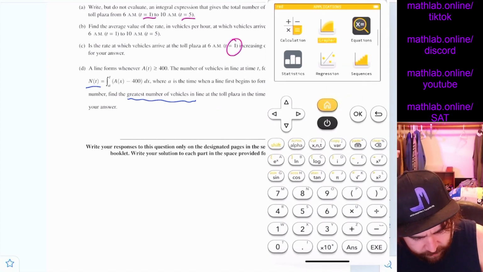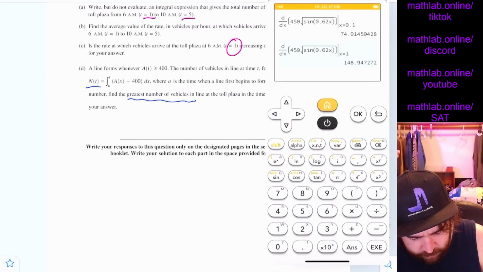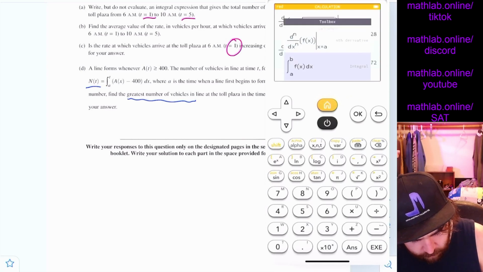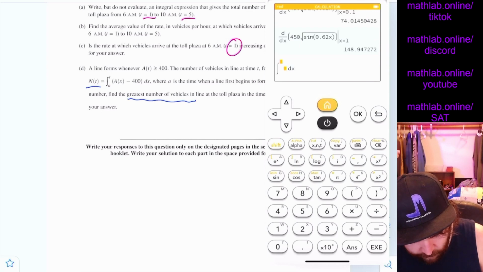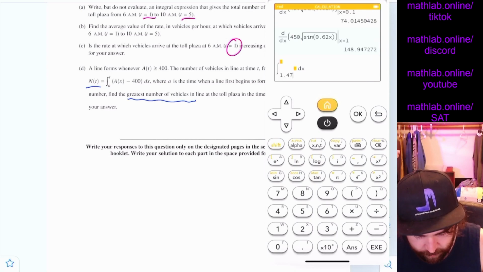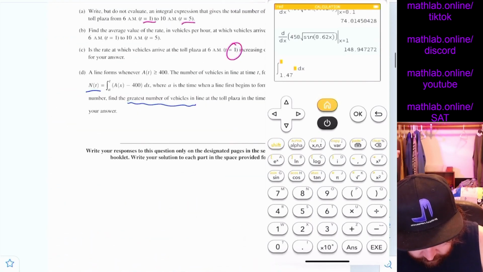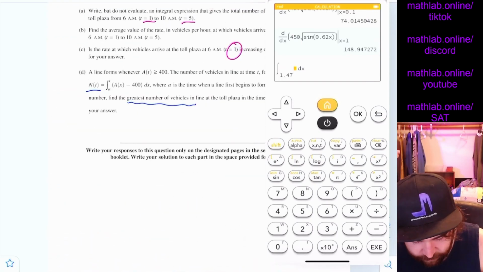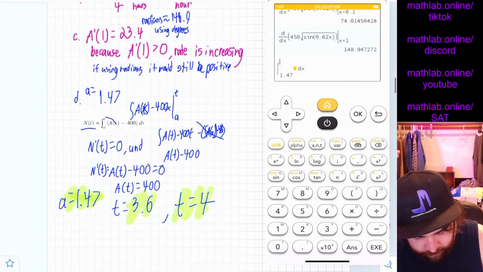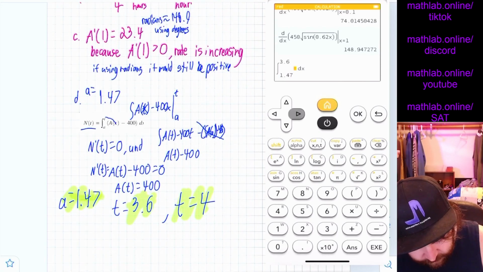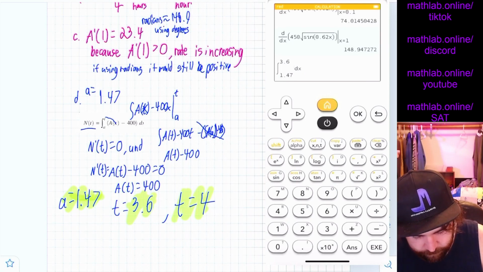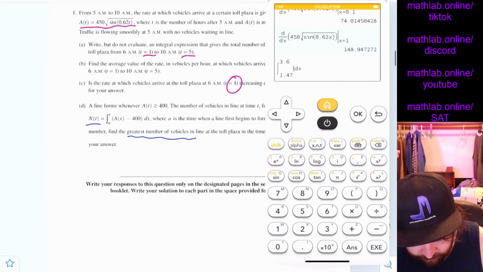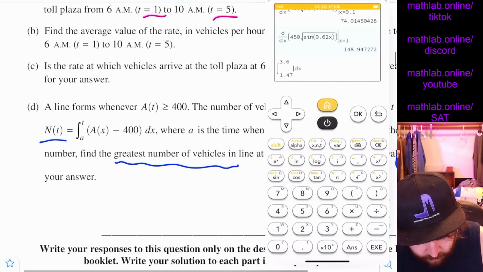So let's go back to the calculation page. And so we're going to type in the integral from 1.47. Well, at 1.47 it's just going to be 0. So we don't even need to check 1.47. That's just not going to be a maximum. I imagine it's going to be to 3.6. So let's go to 3.6. And it's going to be of this kind of wild function here.